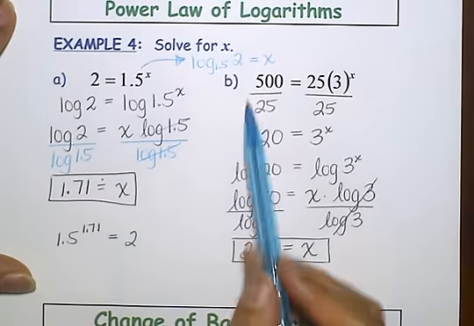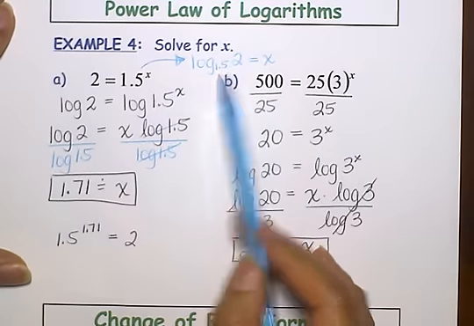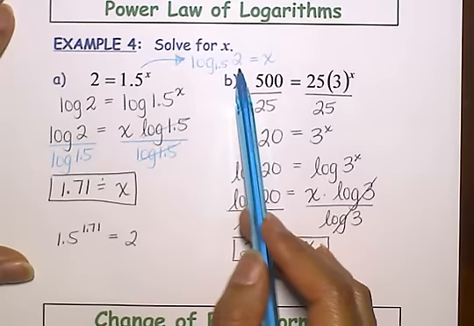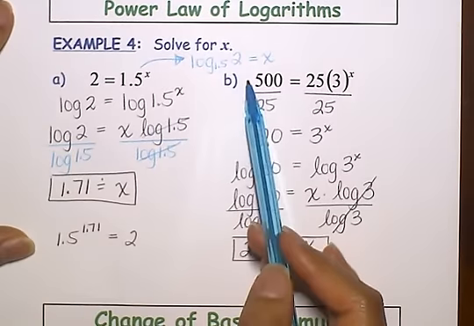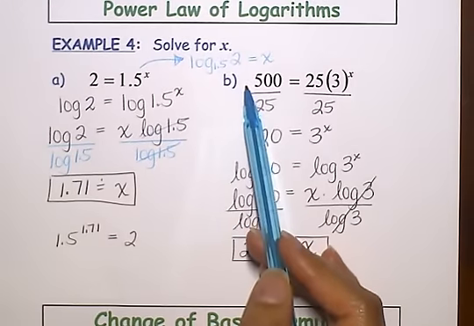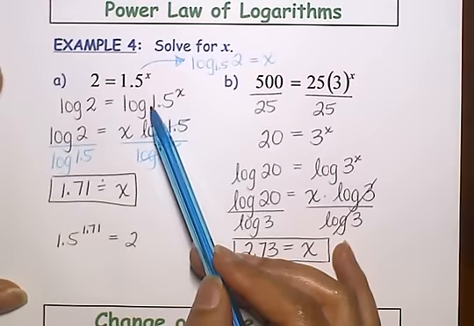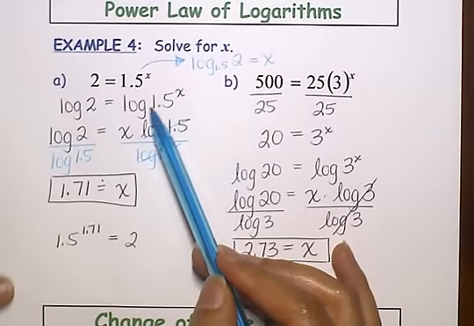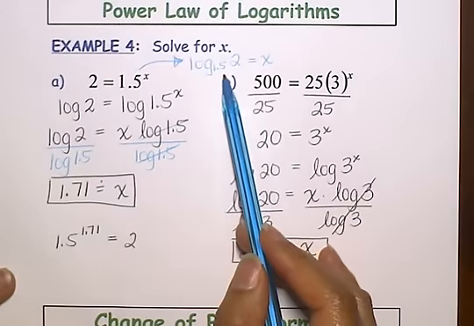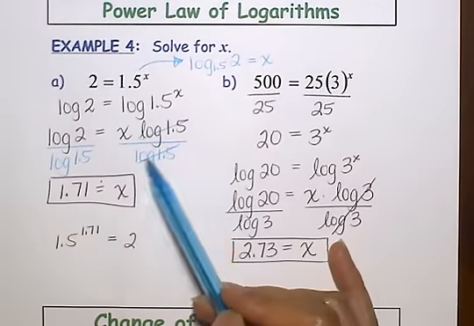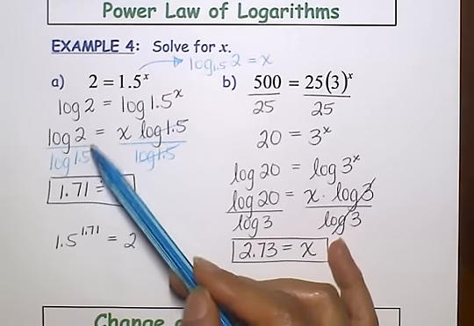And now in this case, you'll notice that the base and the answer are very difficult to rewrite with the same base value. And so in exponential form, it makes it a little bit easier, and we took the log of both sides. We're actually going to see how to go directly from this form of a logarithm to this form of the logarithm here, where we did log of 2 divided by log of 1.5.